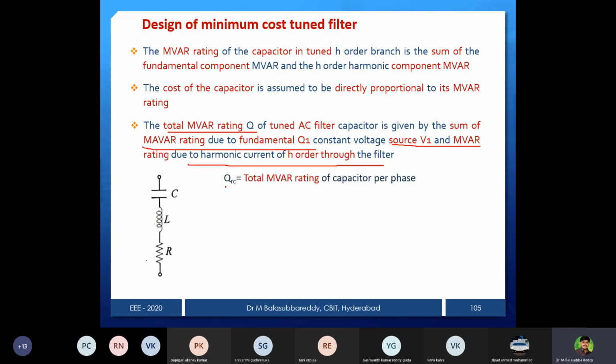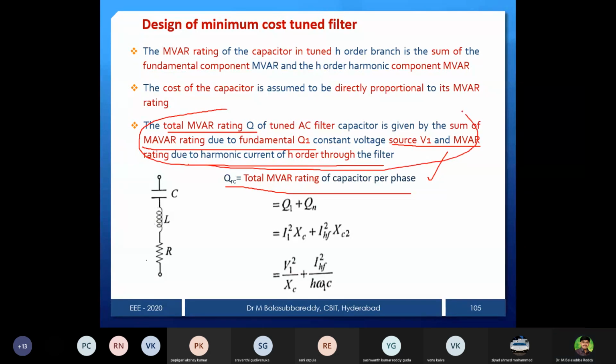Here Q is the reactive power, the total MVR rating of the capacitor per phase, because in a normal 3-phase system, we can derive for any one phase and it will be applicable for the rest of the phases also. So according to this statement, the sum is equal to the fundamental plus the order of the harmonic, that is Q1 plus Qn. So what is Q1, the fundamental quantity? That is the capacitor.